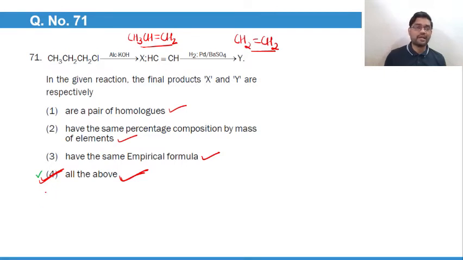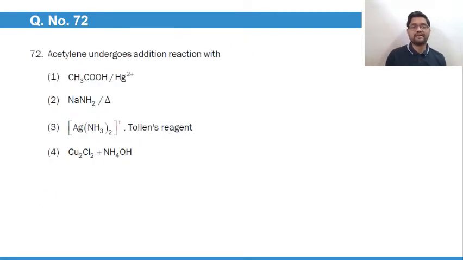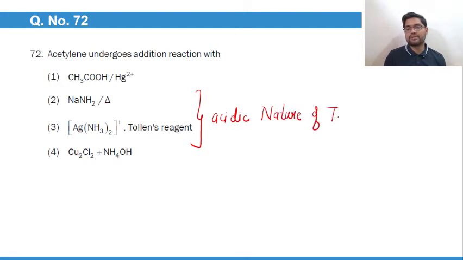Okay. 72. Acetylene undergoes addition reaction with. Okay. So NaNH2, Tollens reagent, and cuprous chloride. They all are what? Acidic. They are the reaction of what? It shows acidic nature of terminal alkyne.